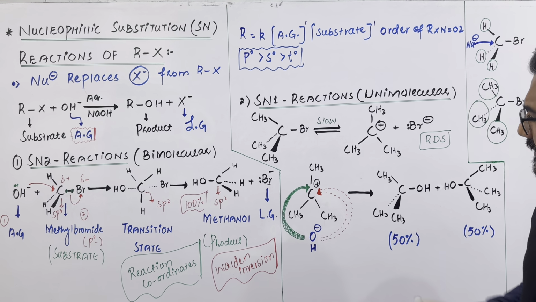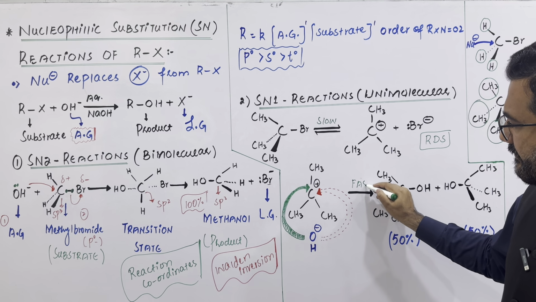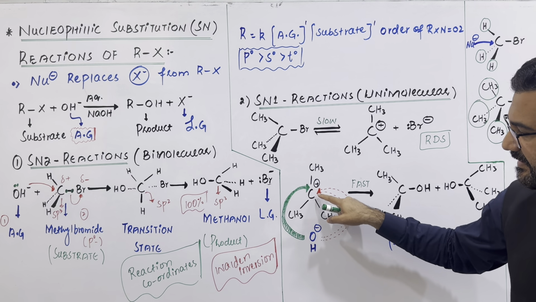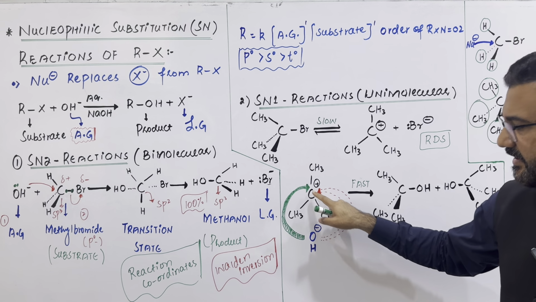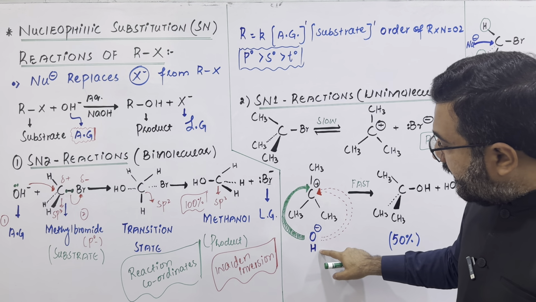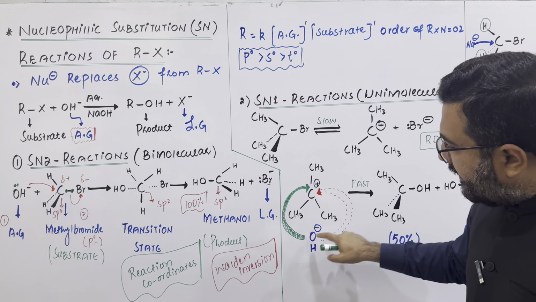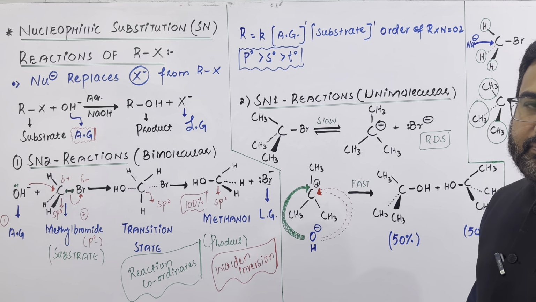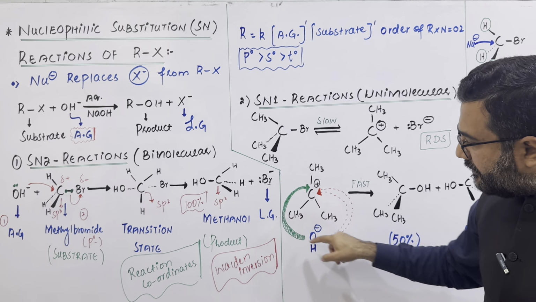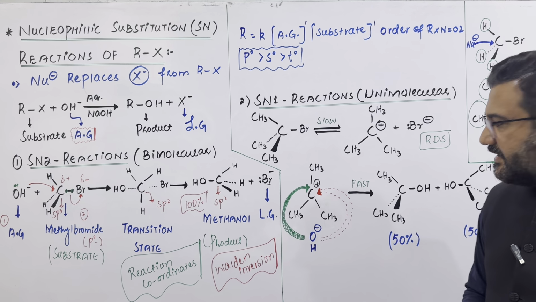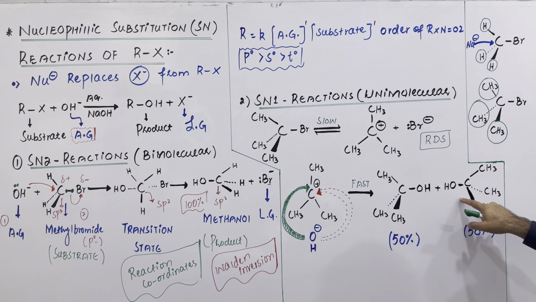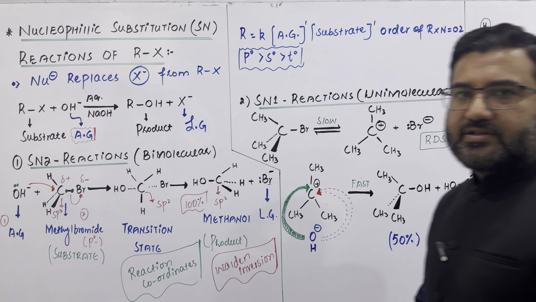In the second step, which is the fast one, the attacking group attacks the positively charged carbon as it is itself negatively charged. Now, the attacking group has equal chances to attack from any side to this positively charged carbon. So there are chances that two types of products can form having different configurations from each other.